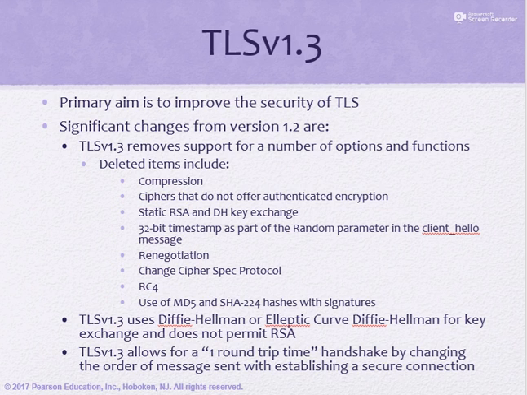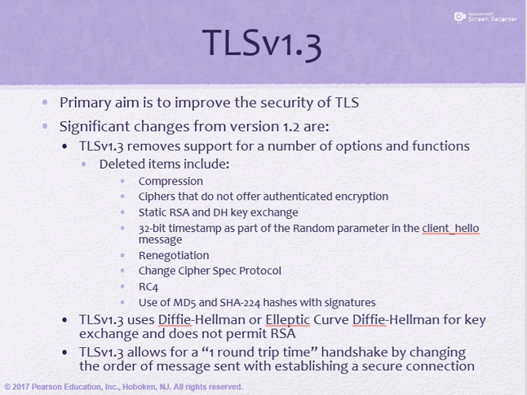Another thing is TLS version 1.3 uses Diffie-Hellman or elliptic curve Diffie-Hellman for key exchange, and it does not allow the use of RSA. The problem with using RSA is that if the private key of the client or server is compromised, then all handshakes using the cipher suite will be compromised.